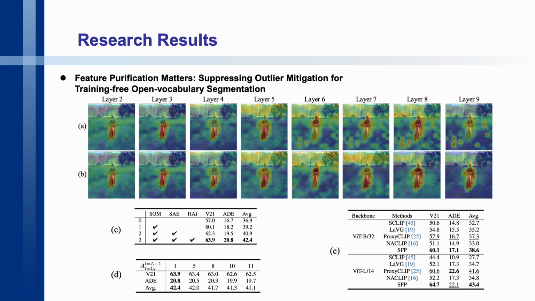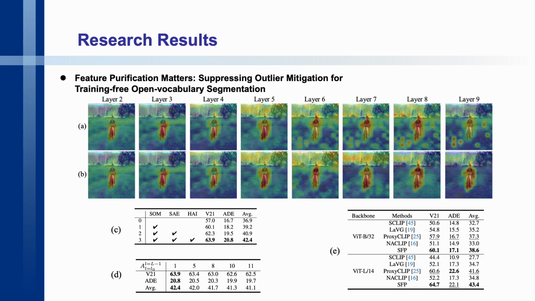We also conduct comprehensive ablation studies to demonstrate the effectiveness of our proposed modules. We evaluate the effect of different modules in C, and layer feature aggregation in D. We also evaluate the robustness of our method on different backbones in E. The quantitative segmentation results are shown in the table.